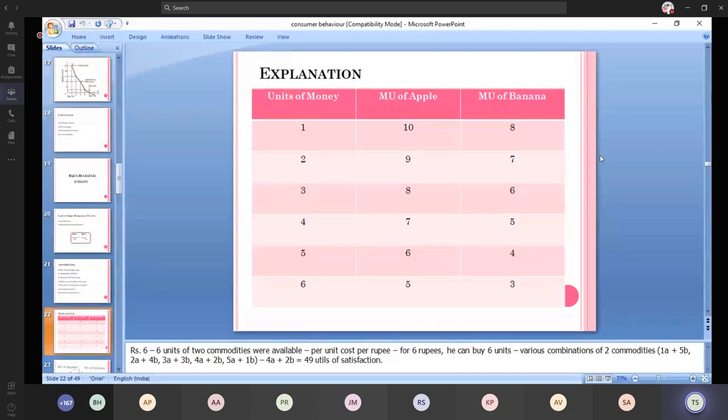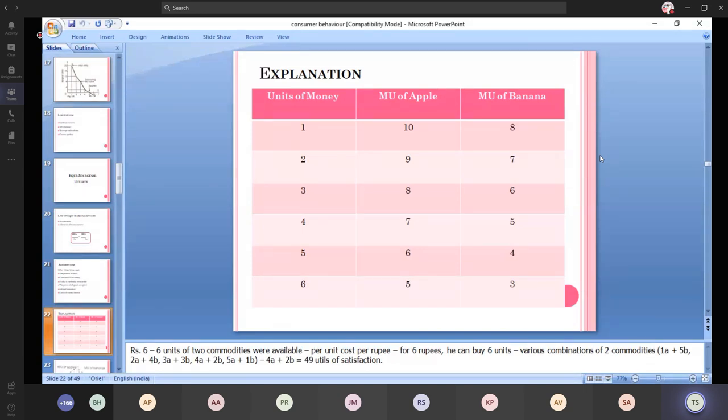For example, if a consumer spends 6 units and buys 1 apple with 5 bananas, what is the total utility? This is one of the combinations, 1 apple plus 5 bananas, so totally he can buy 6 units from his money.